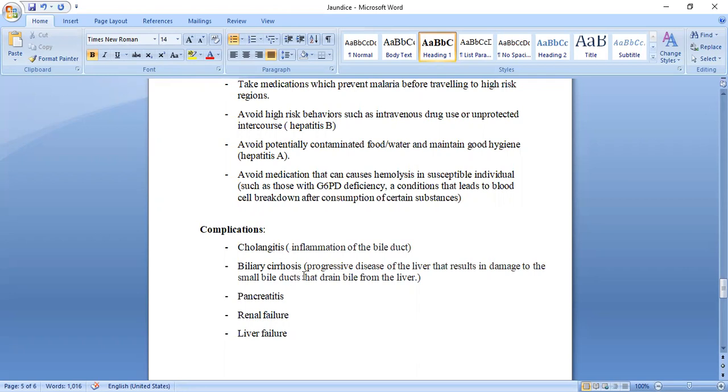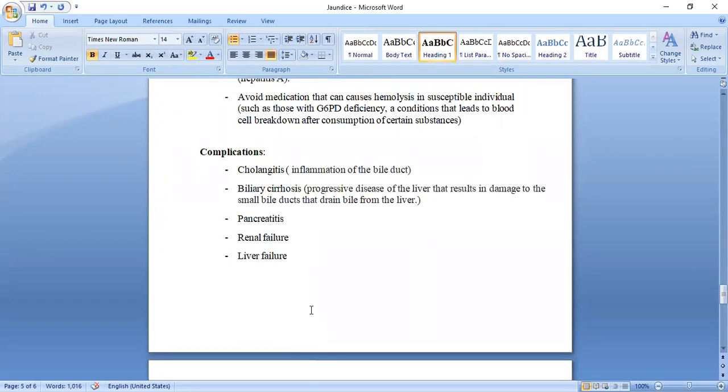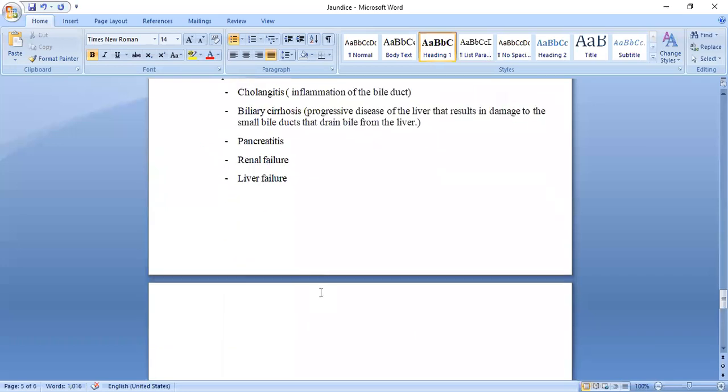Biliary cirrhosis means a progressive disease of the liver that results in damage to the small bile ducts that drain the bile from the liver. Where will it get drained? It will be stored in the gallbladder, or it comes into the intestine. There may be chances of pancreatitis, renal failure, liver failure. These are the complications of this.